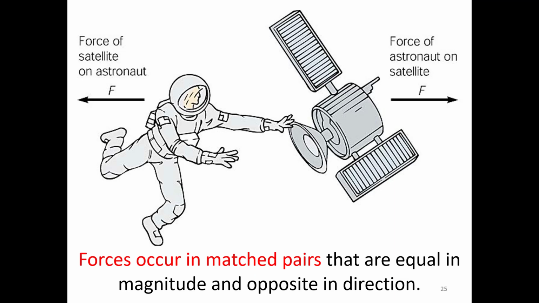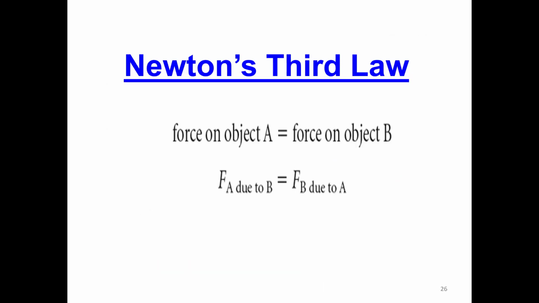Also, this example is in your book. If the astronaut exerts some force on the satellite, then at the same time the satellite will exert some force on the astronaut. Again, action and reaction forces always come in pairs, and they have the same magnitude but opposite direction.